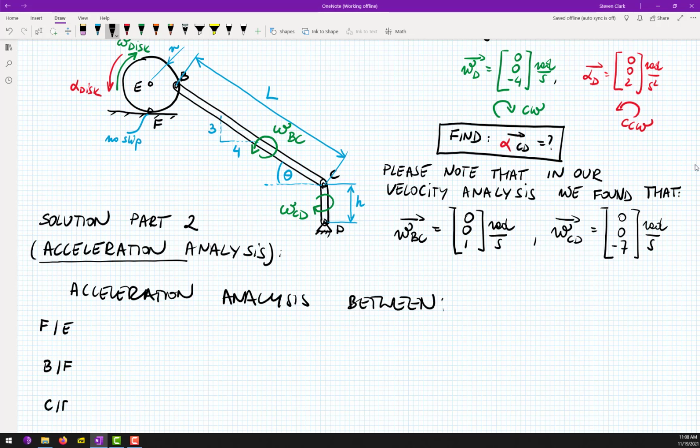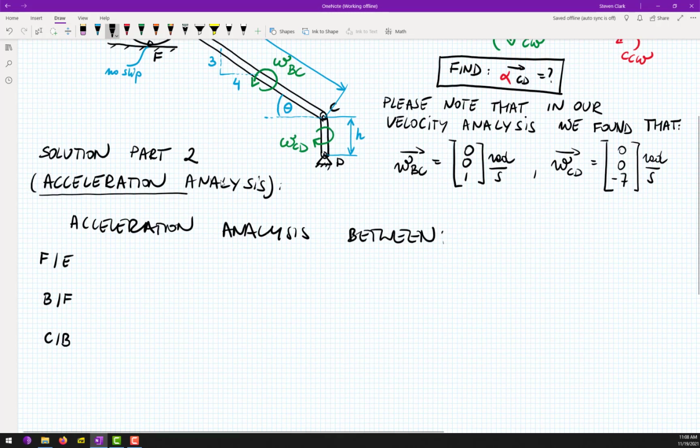Then B and F, then C and B, and then D and C. We're going to run acceleration analysis for these.